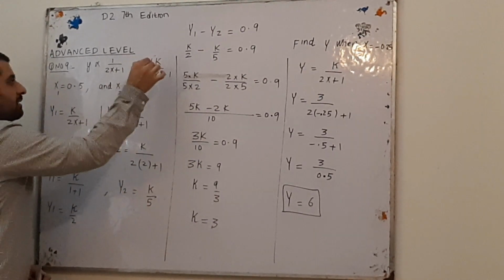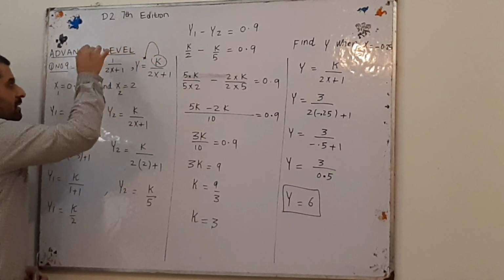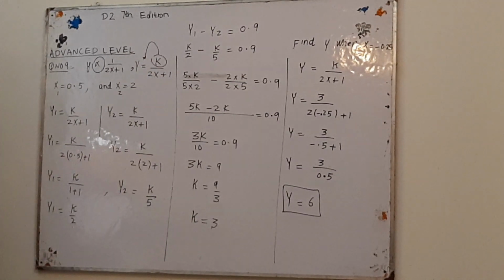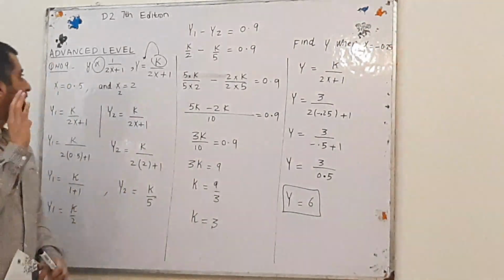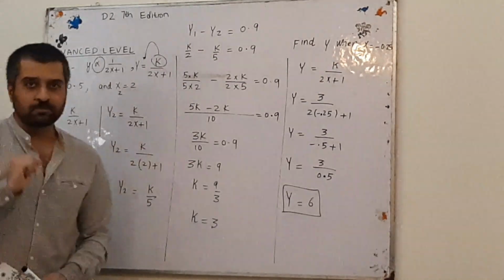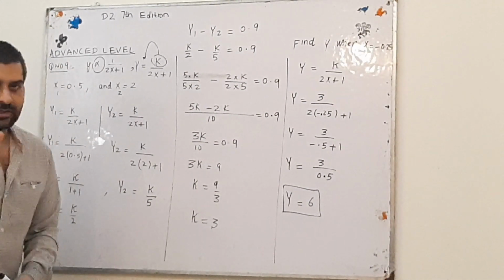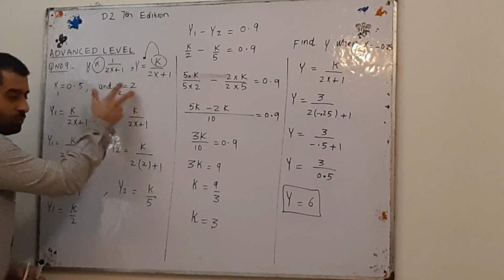So this is a constant, where by inserting it we have replaced the proportionality sign with the equality sign. Now the condition in this question is that we are going to find the value of y when x is 0.5 and when x is 2.